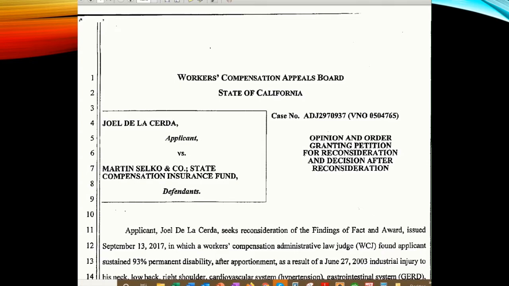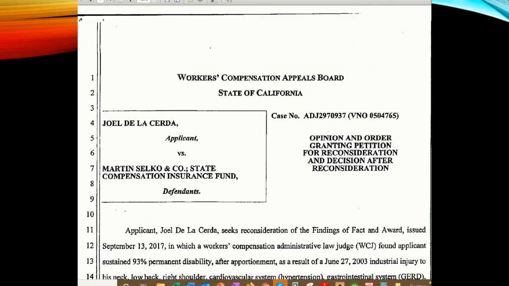Now, the combined values chart has a reductive effect on the final impairment rating, such that if your examinee has two impairment ratings for two separate body parts, such as 10% each, the total final whole person impairment through the use of the combined values chart would come out to be about 18 or 19% whole person impairment versus 20% whole person impairment, which would result from a simple addition of those impairment ratings.